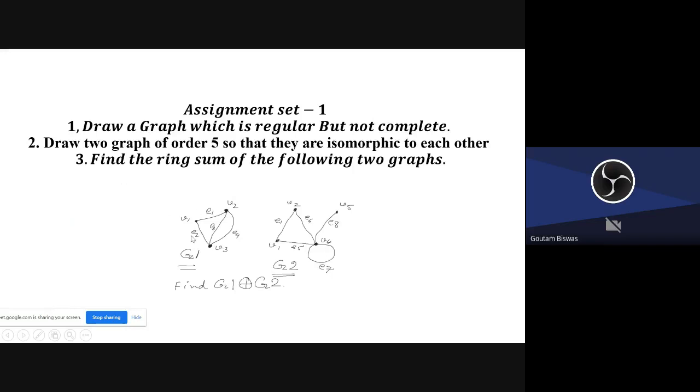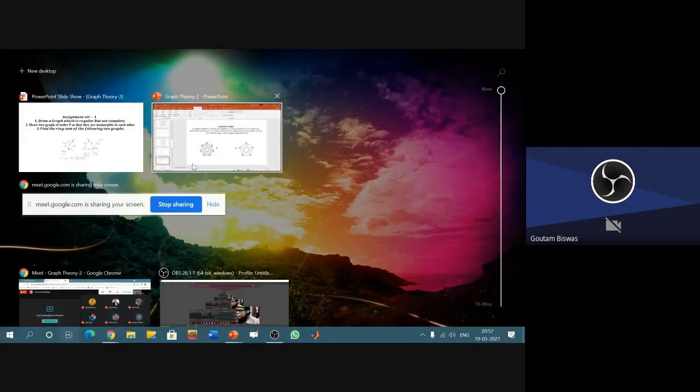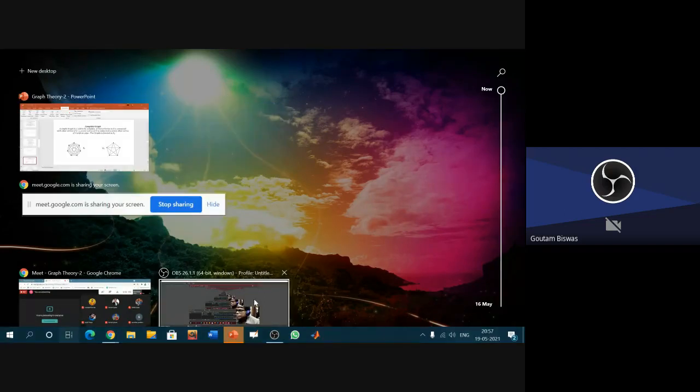And you have to find out the ring sum of the following two graphs. Okay. So this is your assignment. And that's the end of today's class. I'm just sending it to you within a few minutes.